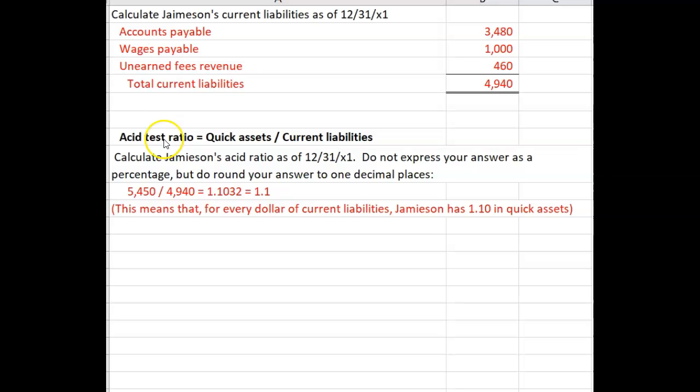Did you calculate an acid test ratio of 1.1? This means that for every dollar of current liabilities, Jamison has $1.10 in quick assets. One other thing I'd like you to do.